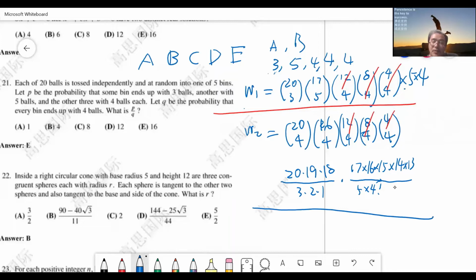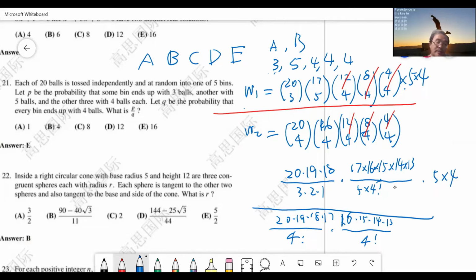The second is 20 times 19 times 18 over 4 factorial, times 17 times 16 times 15 times 14 times 13 over 4 factorial. Then we multiply by 5 times 4.